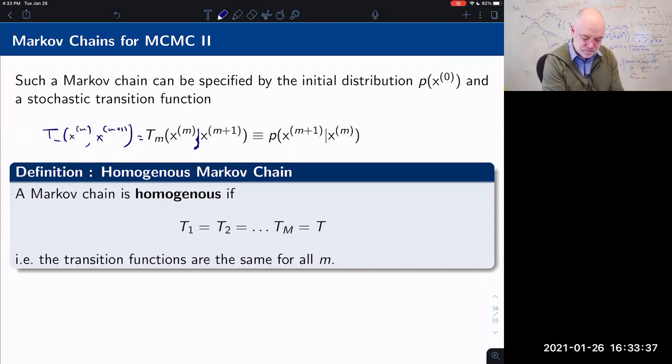Okay. So a Markov chain is called homogeneous if all the transitions are the same for all m. When we talk about Metropolis Hastings on its own or Gibbs sampling on its own, we're always going to be using the same transition operator at every step in time.